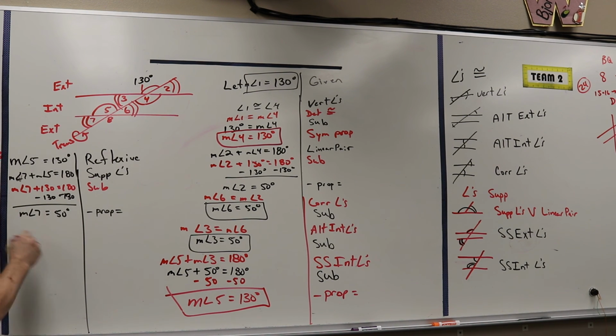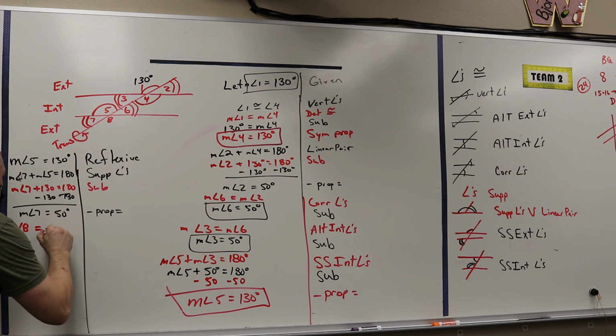So the measure of angle 8 is congruent, or equal in this case, to which one? Alternate exterior. Which one does it equal? The measure of angle 1.